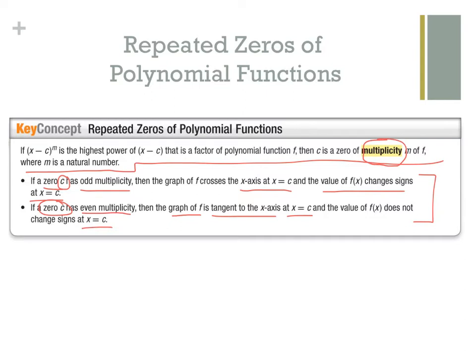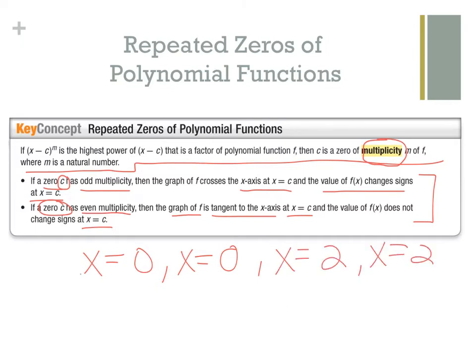Now, for instance, in the last example, we got x equals 0, x equals 0, x equals 2, and x equals 2. Those were my 4 zeros. Because 0 repeats itself twice, it has a multiplicity of 2.